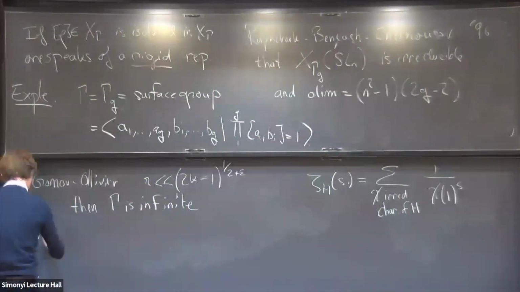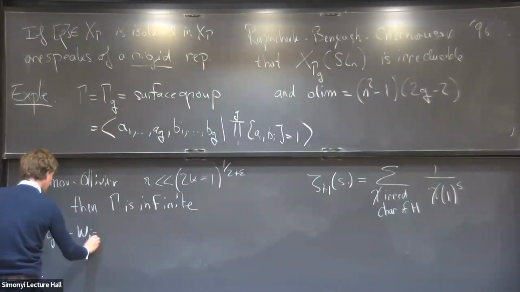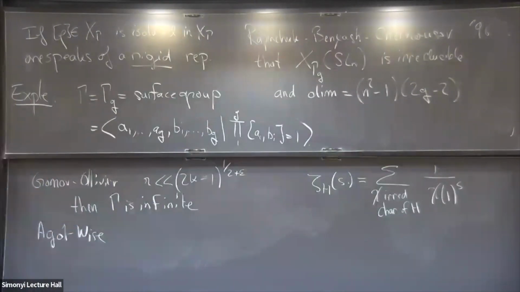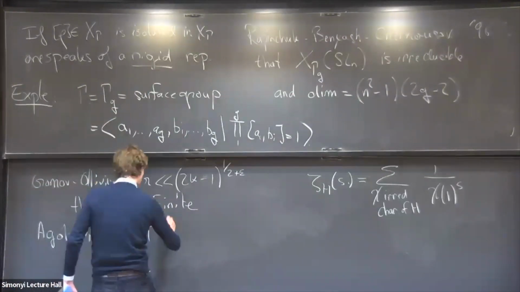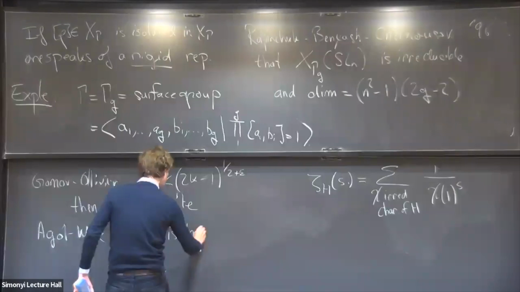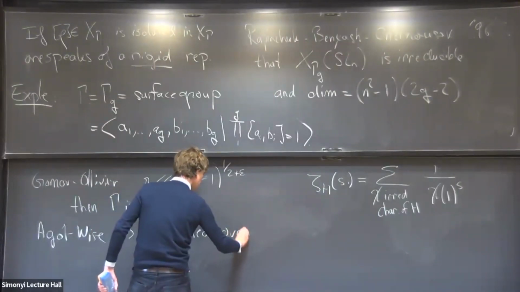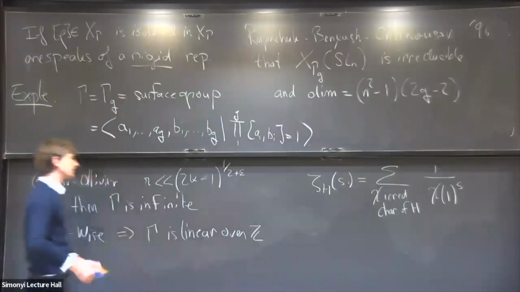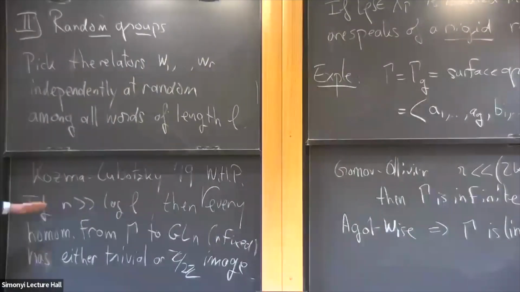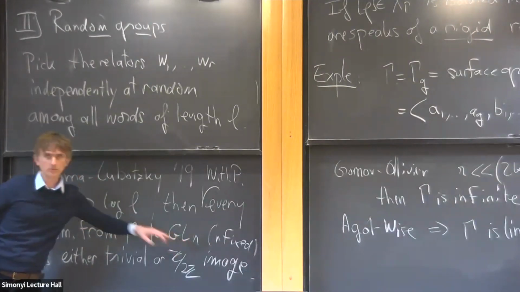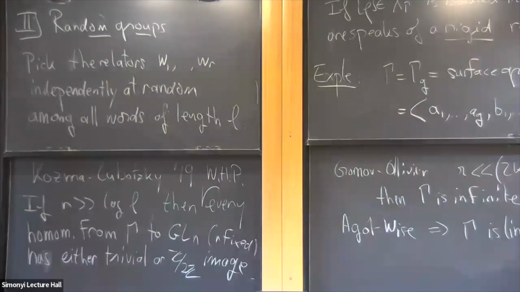You can even combine it with the recent work of Hagen and Wise, which implies that in this situation Gamma is linear over Z. So there are groups that are linear, hyperbolic, quite nice, but if you fix n, they don't have any interesting representations.